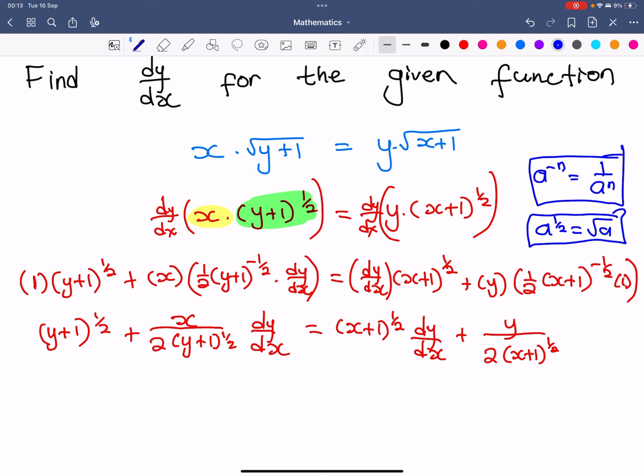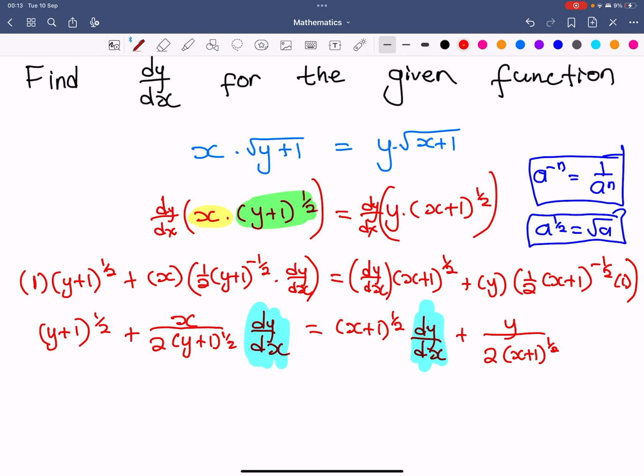So what do we need to do in this case? We need to put everything with dy over dx on one side. I prefer taking everything that has dy over dx on one side, so that dy over dx becomes a common factor on that side.